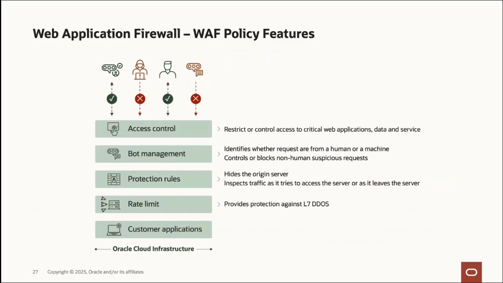You can set up rate limiting to protect against layer 7 DoS attacks, right? You can go in and define limits on the amount of requests coming in. And you can also set up protection rules. You can hide your origin server, you can inspect traffic as it comes in or as it leaves. And again, this web application firewall will sit in front of your applications.